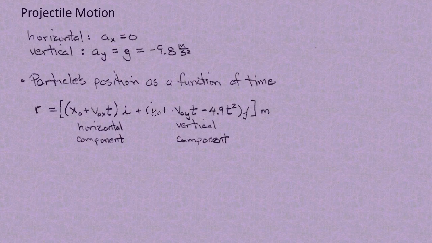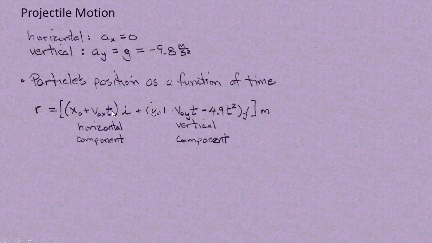So let's take a look at our position function in unit vector notation. For this, we're going to take kinematic equation 2 and substitute it in place of the horizontal magnitude and the vertical magnitude. Notice here in the horizontal component we're missing the 1/2 a t squared term because acceleration is 0, so that all goes to 0.